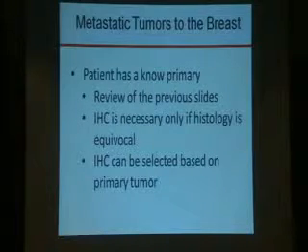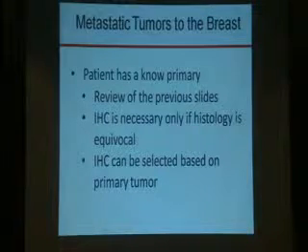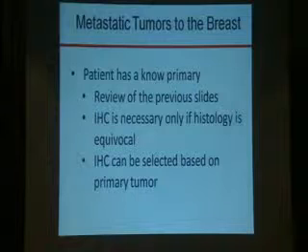To me, I cannot really overemphasize the review of previous material. No matter what specific immunohistochemistry, how many markers you are going to use, there are always variations, there are always different patterns. So I cannot overemphasize this review of the previous material when you are trying to make the diagnosis or exclude the diagnosis of metastatic carcinoma.